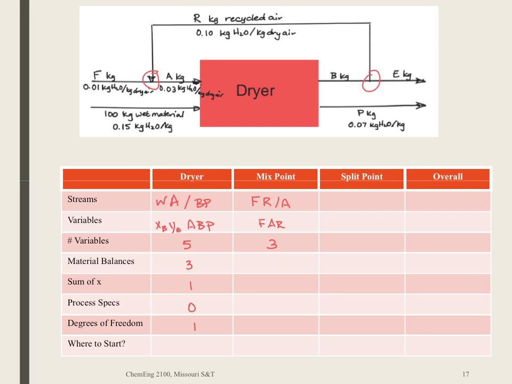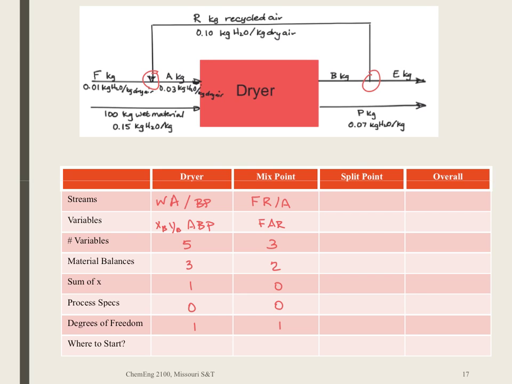Now, how many material balances can I write? I have 3 components in the system, but at this point, I only have water and air. So therefore, I can only write 2 material balances. I have no compositions, so I get no help with sum of X equations. I have no process specs. I've already used those. And so I have 1 degree of freedom.